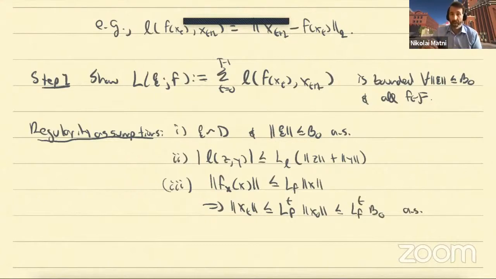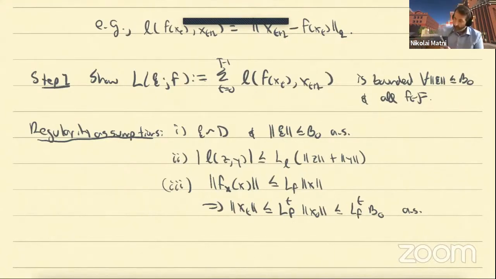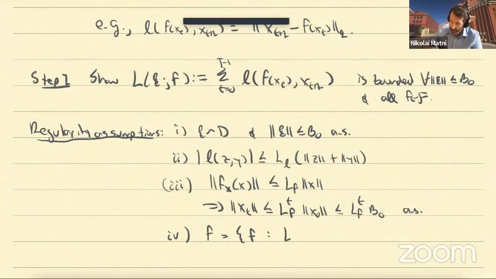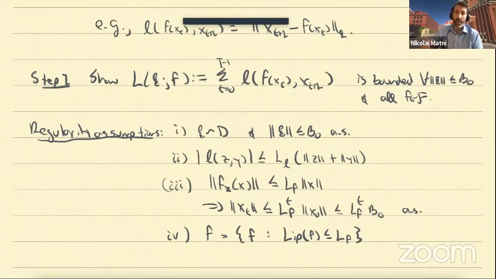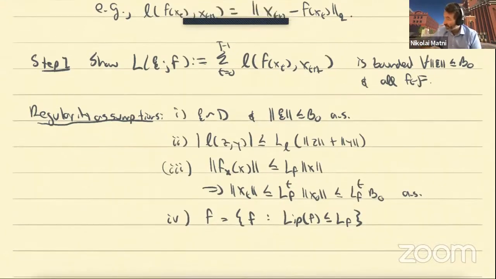This is just unrolling the dynamics and composing with f star over and over again. And then finally, we'll define our function class F to be the set of f that, to begin with, we're just going to assume are Lipschitz. We're also going to assume that we have an upper bound on the underlying Lipschitz constant of f star. We can constrain our functions to satisfy that as well.